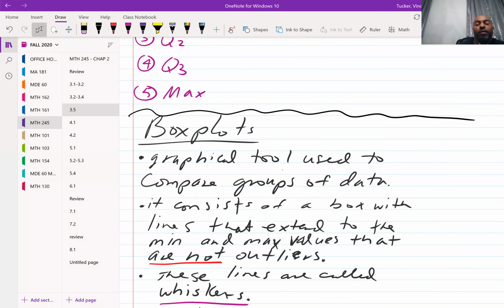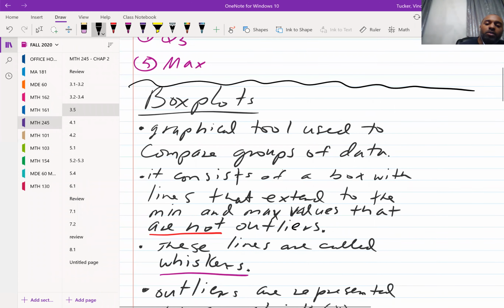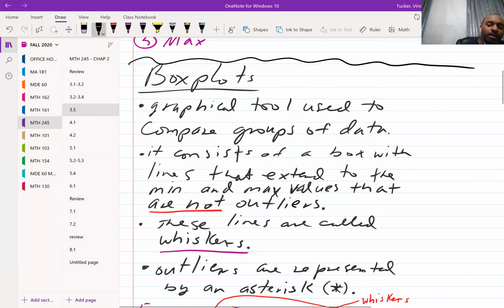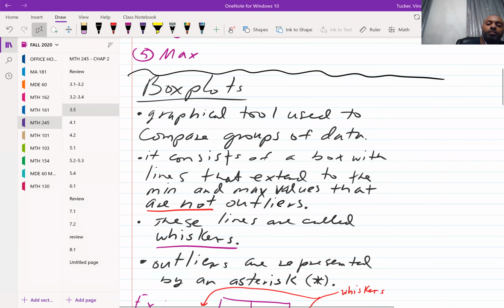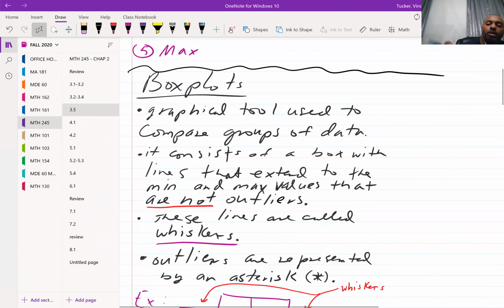If we found out that our value is an outlier, we will not extend the line of the box plot to it. You'll see what I mean in a second. These lines that extend from the box are called whiskers. And we will represent outliers with an asterisk.